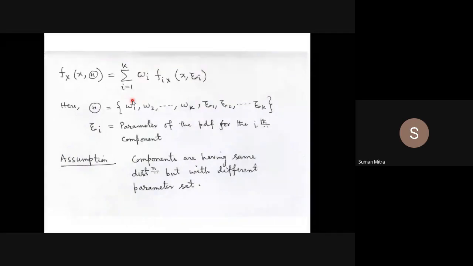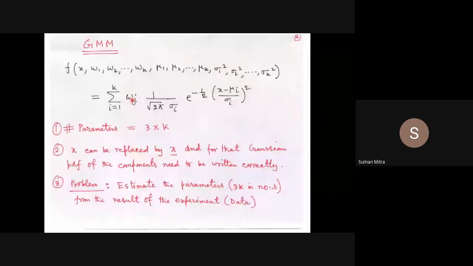So this is my Gaussian mixture model. I already told you that if this is the PDF of the Gaussian mixture model, f of x, the parameters are w1, w2 to wk, mu1, mu2 to mu k, sigma 1 square, sigma 2 square to sigma k square.